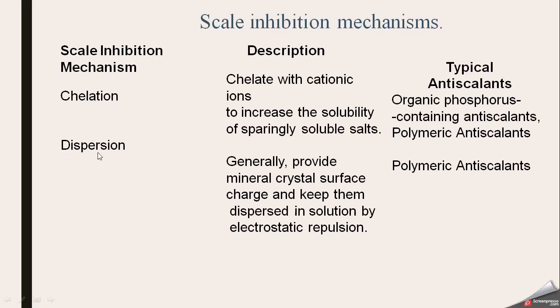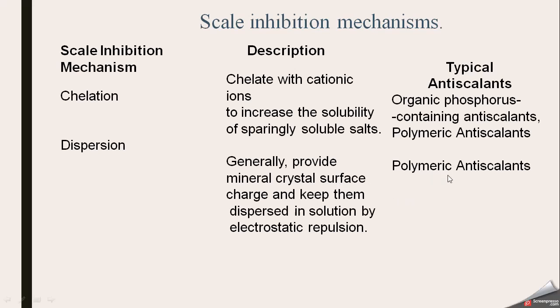Second, dispersion. They generally provide mineral crystals with surface charge and keep them dispersed in solution by electrostatic repulsion. Because of similar charges, the scale-forming ions are dispersed and cannot form crystals.